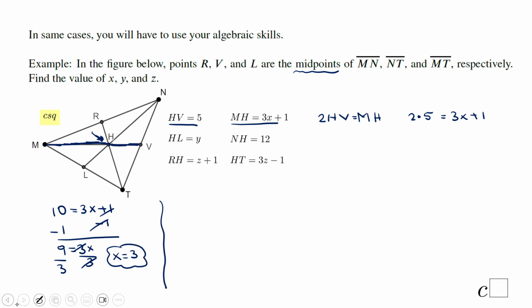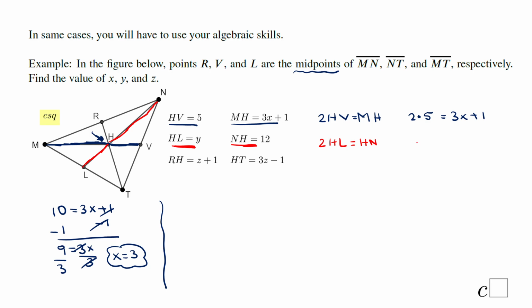Now let's take a look at the second part, where we know HL, which is this part of the median, and NH, which is the second part of the median. What is the relationship between these two parts? Twice HL, the bottom part of the median, is NH, the top part of the median, if you want to call it like that.